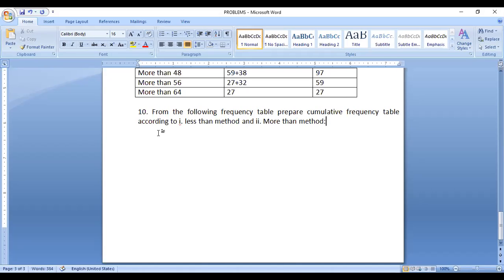Two methods have been asked, more than method and less than method. Both are being asked. How to do, we will see.